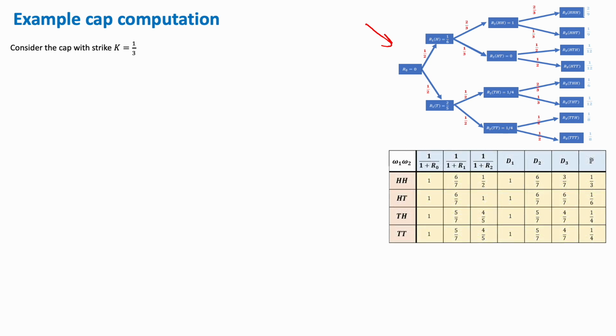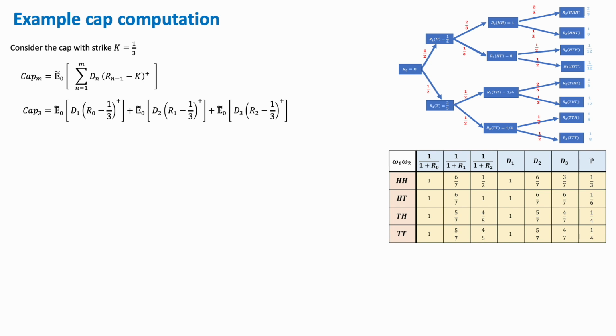From this, we have seen this table before that we use to price zero coupon bonds on this tree. We have the different values for different states of the coin toss. And we know how to price a cap. This is just the sum of cash flows from time 1 to m of D_n, R_{n-1} minus K, floored to 0.